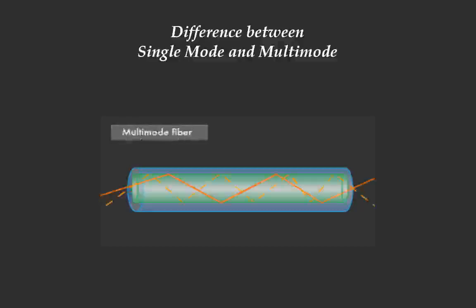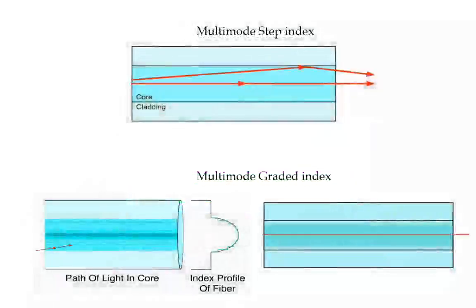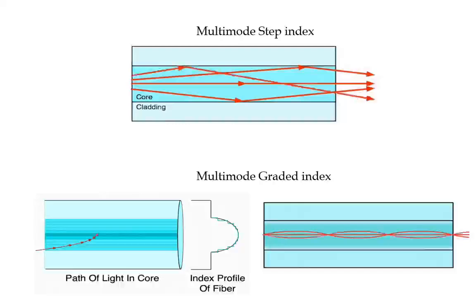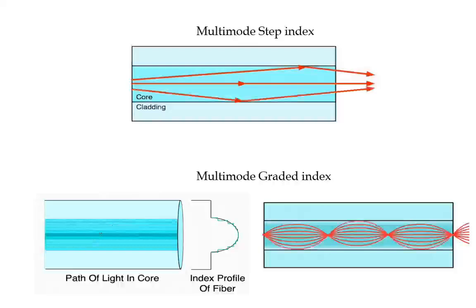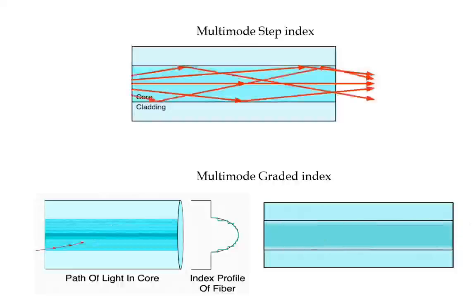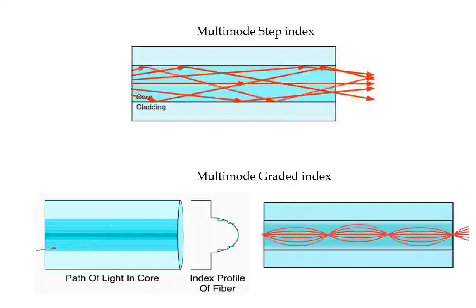There is a lot of information to discuss for multi-mode fiber, which has two types of classification. One is multi-mode step index, another one is multi-mode graded index. In multi-mode step index, we have cladding, inside which the fiber core is there, where the light beams are transmitted.